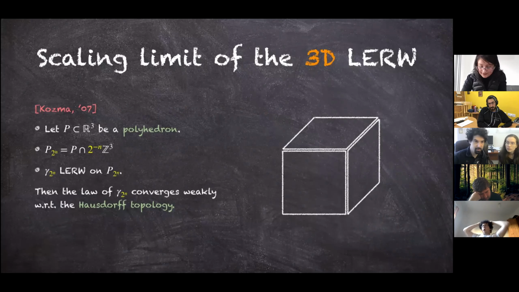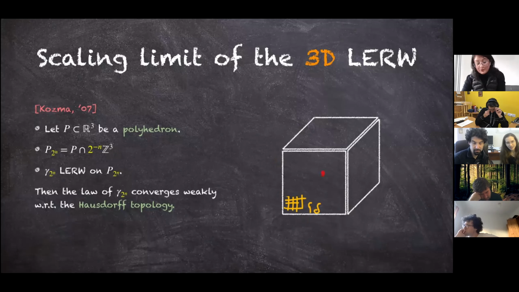So I have here a polyhedron, and my favorite polyhedron is a cube. And you can consider that the scale is delta for the lattice. So we have this cube, and inside it we have a scaled lattice. And we start a loop-erased random walk at a point in the interior of the cube, and we stop it at the boundary of the cube.